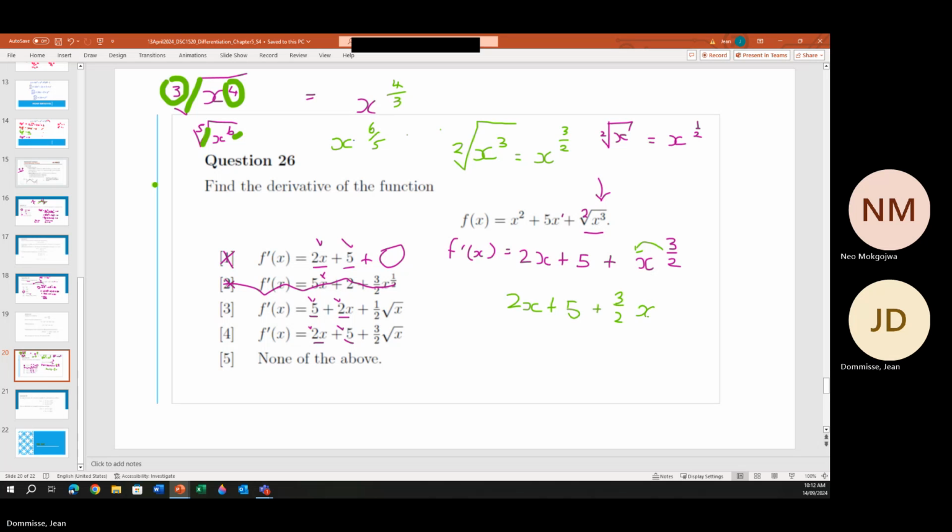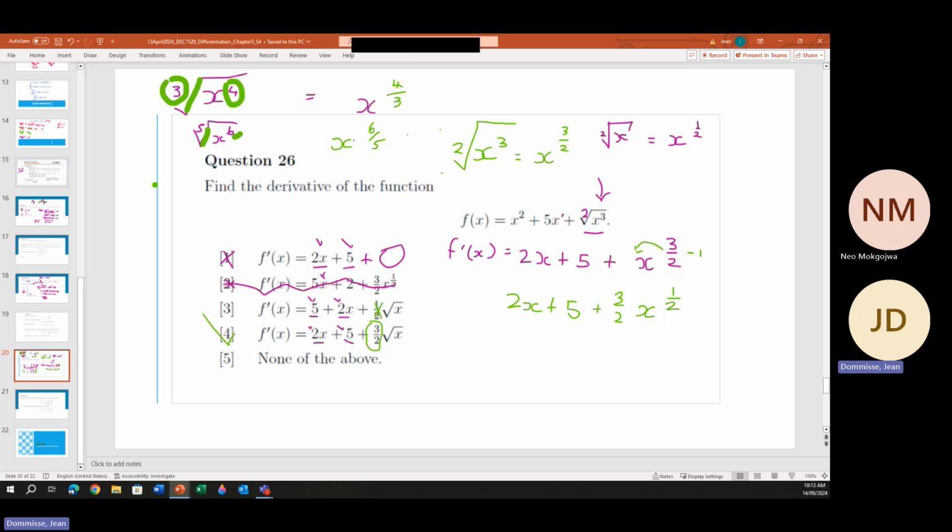Just by that, we already look at 3 over 2, and we see, okay, it's not a half, it's 3 over 2, so our right answer would be 4. But let's look, 3 over 2x, we need to subtract 1 there, so we are left with 3 over 2x to the power of a half.